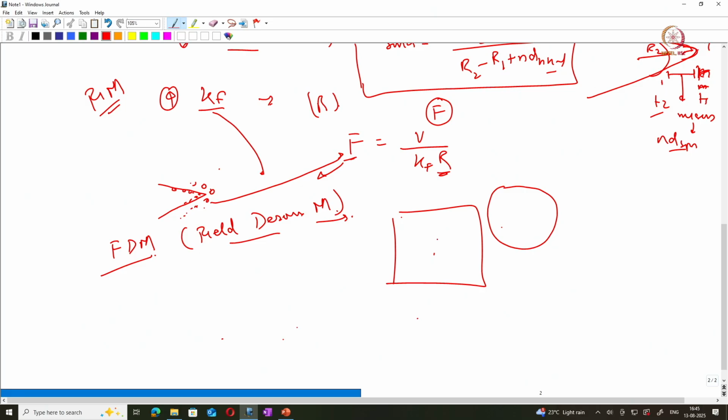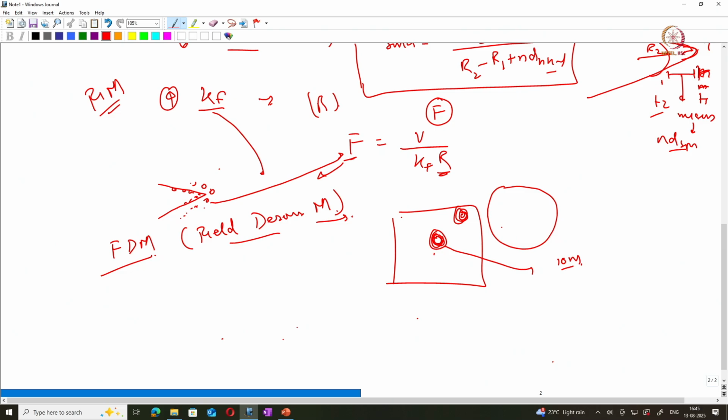Where there will be a change in the density or appearance of rings, concentric rings, and these rings correspond to the ions which are field evaporated from the tip surface. Okay, so this is a field desorption microscope.